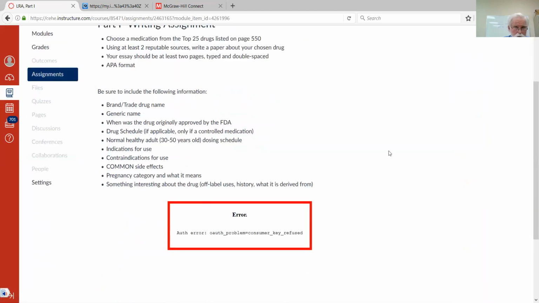So let's go back to the LRA, because this is something that I want you to get used to. This last category, something interesting about the drug, can be a wide range of things. You may run into some weird side effect. Albuterol?